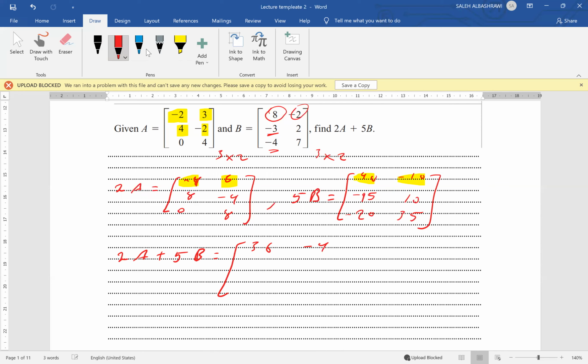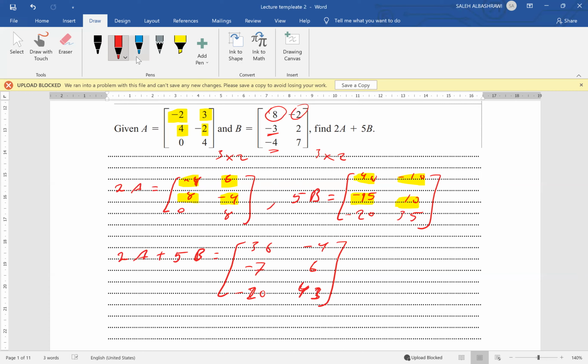Next one, 8 minus 15 is equal to minus 7, and minus 4 plus 10 is equal to plus 6, and 0 minus 20 is minus 20, and 8 plus 35 is equal to 43.